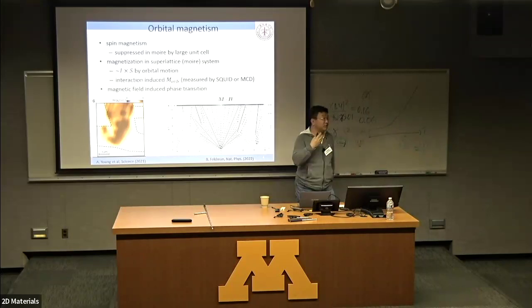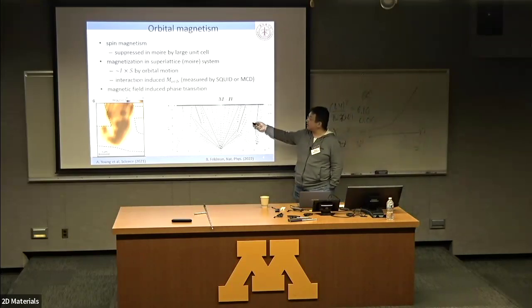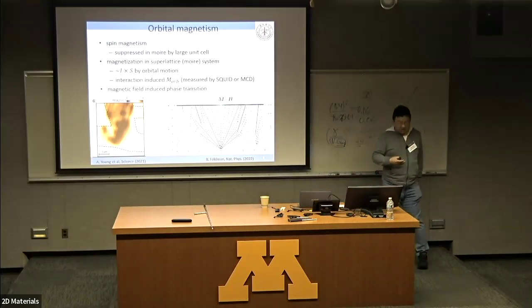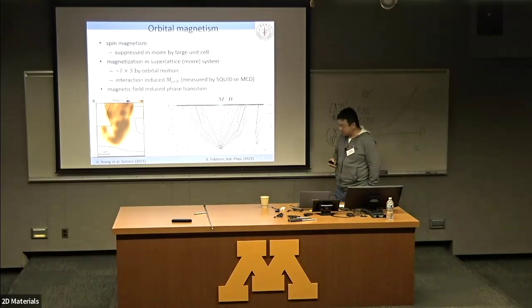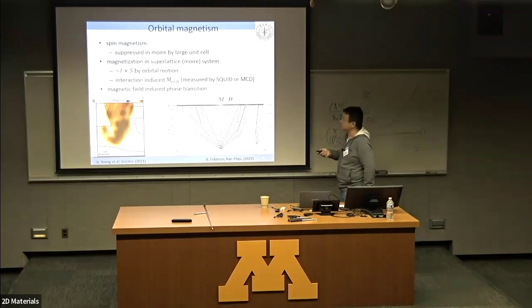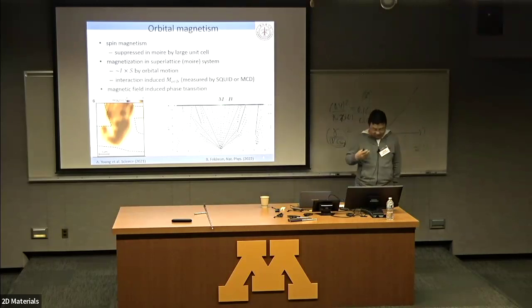So it means that if you look at the orbital magnetism per unit area, actually it is not suppressed by the large size of the moiré cell. Also, in all these two-dimensional moiré systems, we know that time reversal symmetry can be spontaneously broken by interactions, and in this phase we can have orbital magnetization. In experiments, in principle it can be measured by circular dichroism, or MCD.